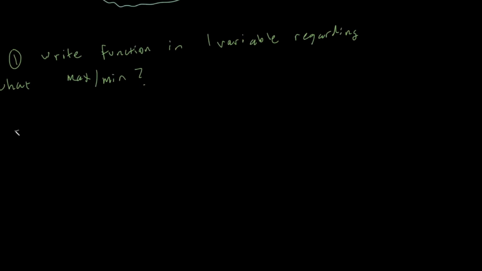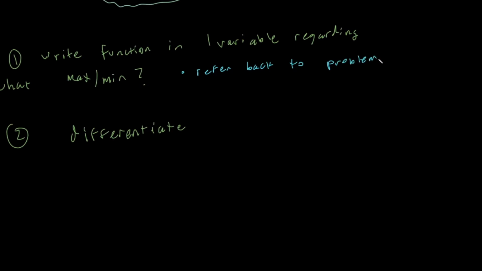So you want to write said function, differentiate, and in order to write this function, you will sometimes have to refer back to some information that the problem has given, like we made those substitutions earlier, right? The problem will have some kind of constraint, like you have only so much fencing, so much area, so much volume.